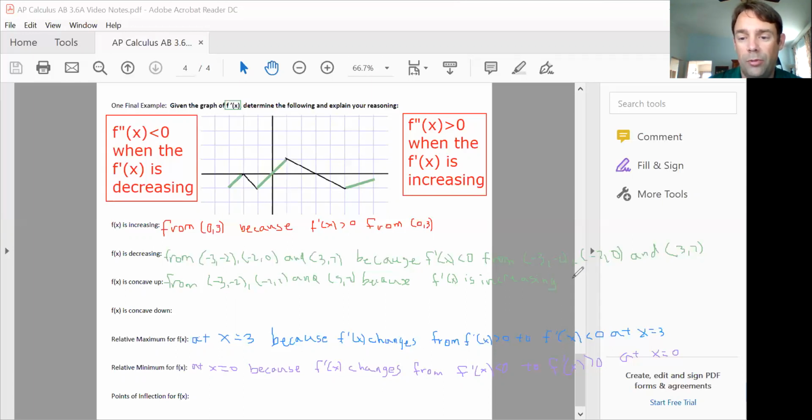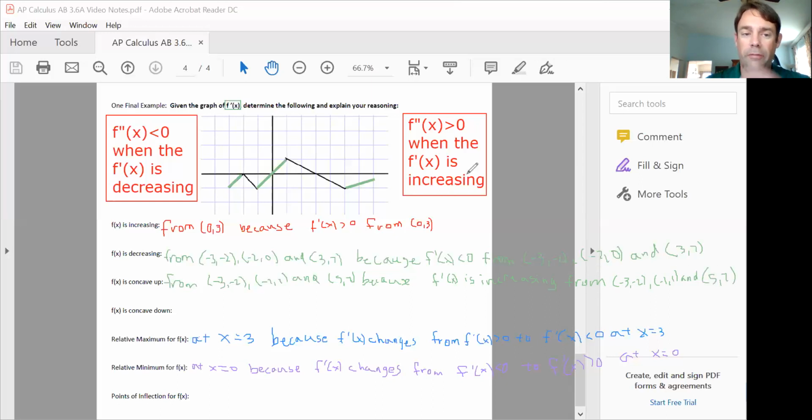So that's why I'm sticking with those. So from -3 to -2, from -1 to 1, and 5 to 7.